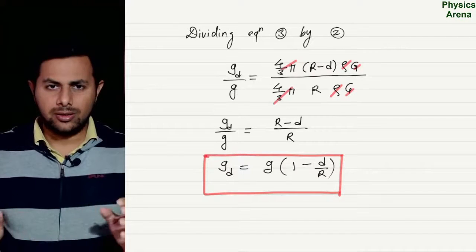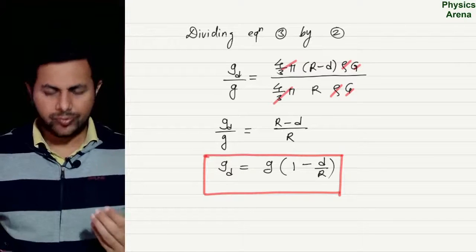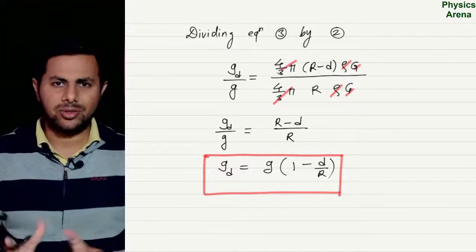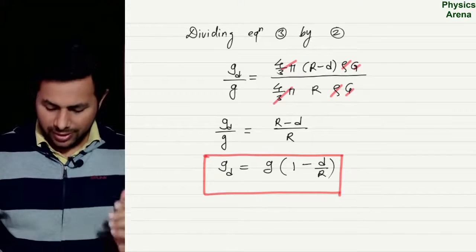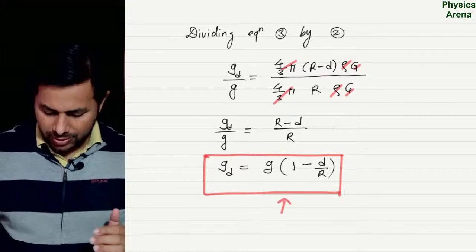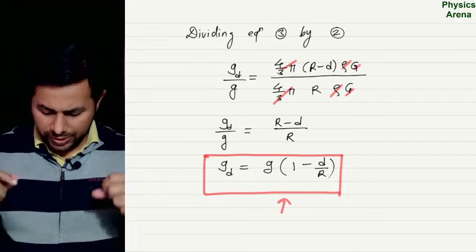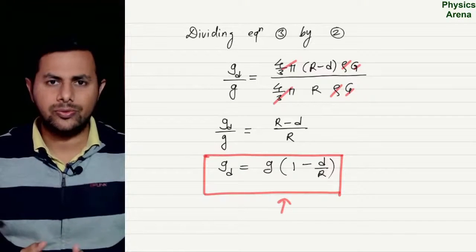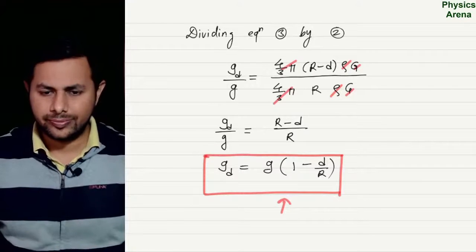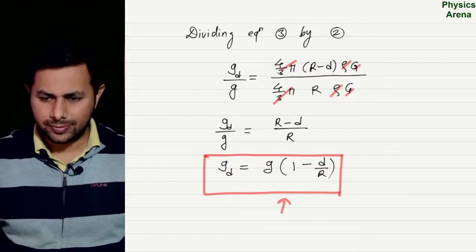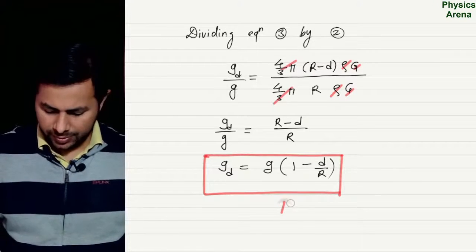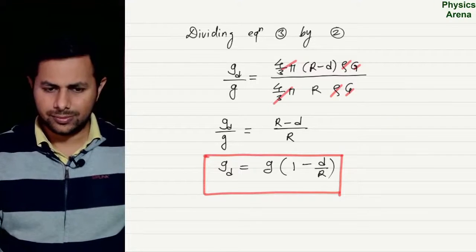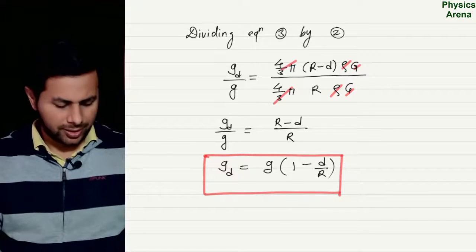And considering this previous approximation that earth's density is constant throughout, which is not, if we just neglect that fact, then this formula holds good for any depth. Okay, so is it clear?